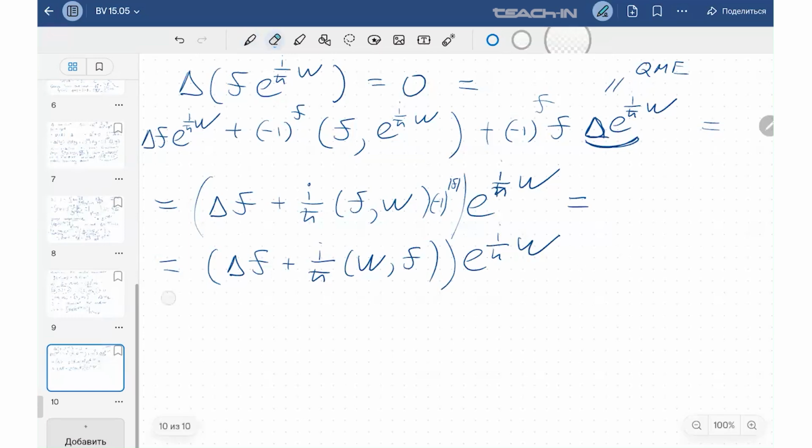We introduce differential SW, which is the bracket with W plus minus i h-bar delta.